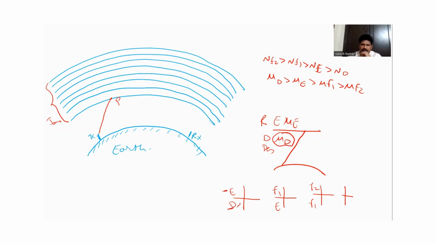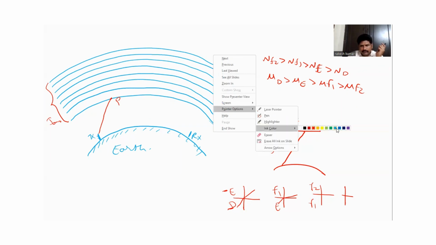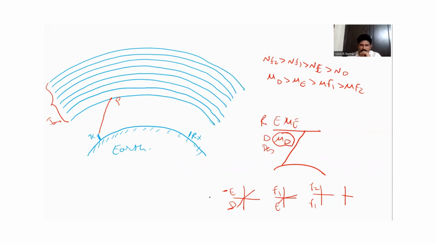Whenever the wave enters the D layer, it goes on deviating. Now this wave enters the E layer, and it deviates further. Then the signal enters here and comes to the critical angle.